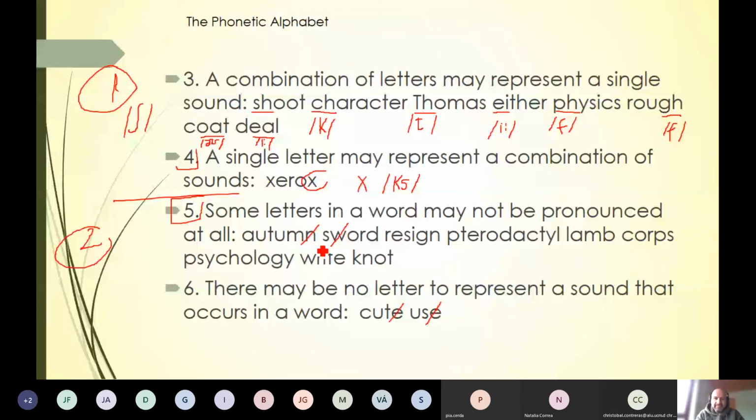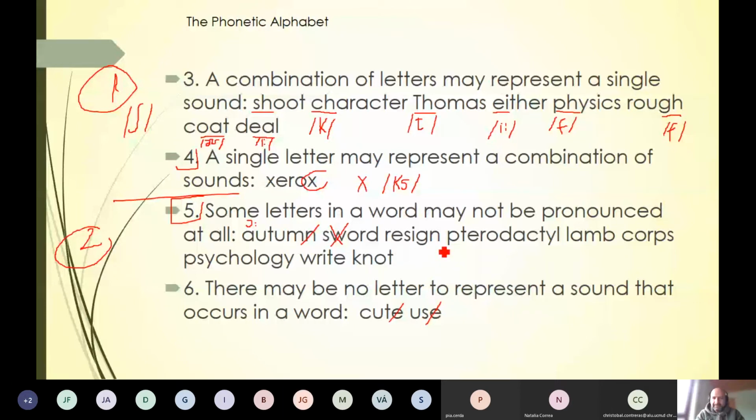N is not produced. In the second case, we say sword, sword. We don't produce this w, right? Sword. In the next one, what do you think? We say resign, resign. Which letter is not really pronounced when we say resign?